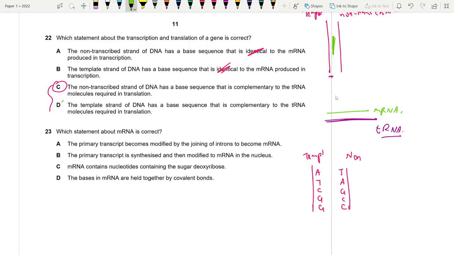Now let's look at the mRNA. The mRNA will be U, A, G, C, C. UAGCC.